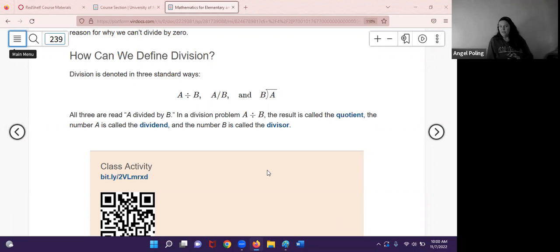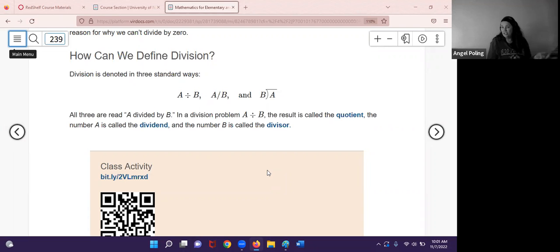So these are the 3 standard ways that we write division. They don't mean anything different than each other, but we will learn different ways of expressing division.